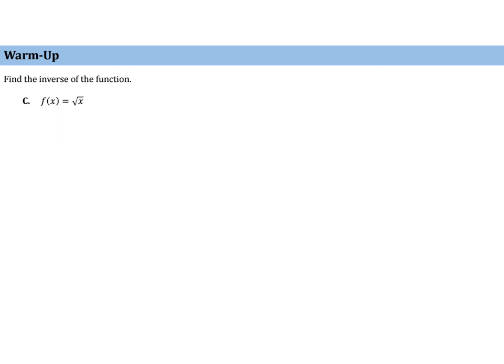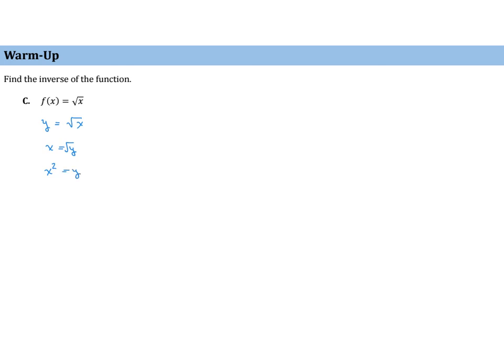Now what would be the inverse here? We would have y equals the square root of x. Swap x and y. And now to undo the square root, we need to square both sides.